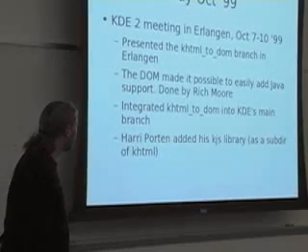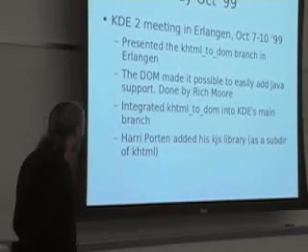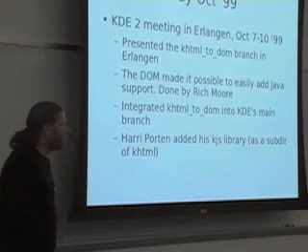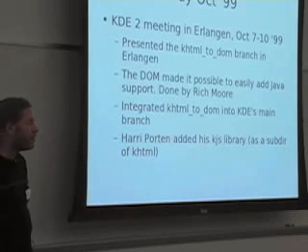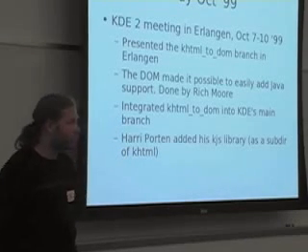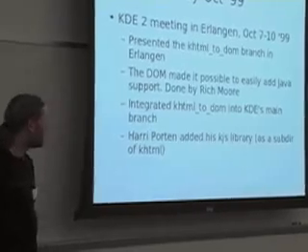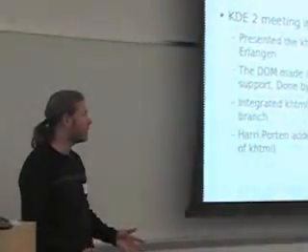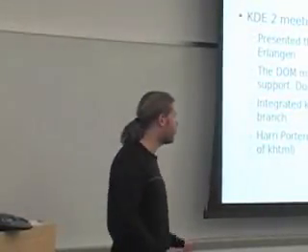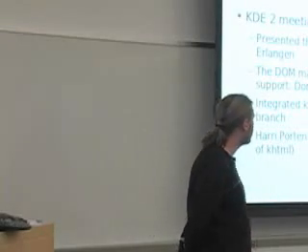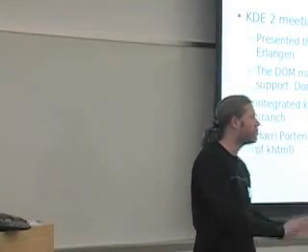And at the same time, a person, Harri Porten, came up and said, "Oh, by the way, I have developed this JavaScript library." And he had it there, and we looked at it and said, "Yes, cool, that's exactly what we need." So we added it as well. And he worked on it for 2 days, trying to do some first bindings to the DOM.